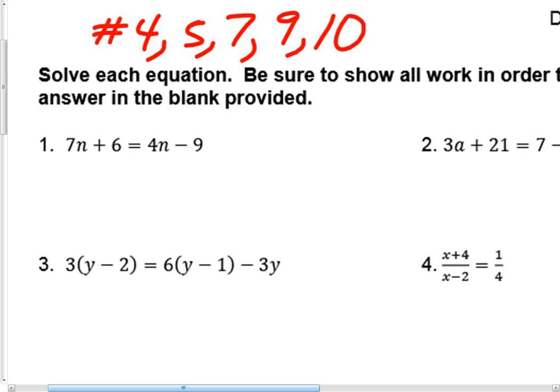Right now, work on 4, 5, 7, 9, and 10. If you don't know how to do something, move on to the next question. You should at least be able to now do questions 9 and 10, which are the property questions at the bottom. But try 4, 5, and 7. Number 4, I'm showing you because I'm going to give you a shortcut that maybe you've seen before, maybe you haven't.